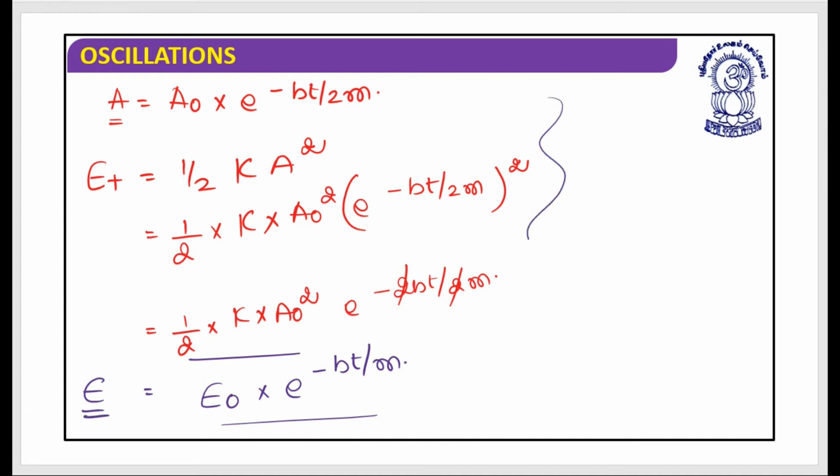So this E will be equal to E₀ into e^(−bt/m). This is the energy we understood. I hope this is clear. Is it clear?